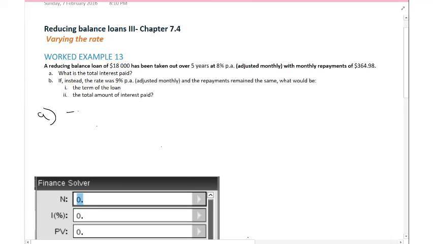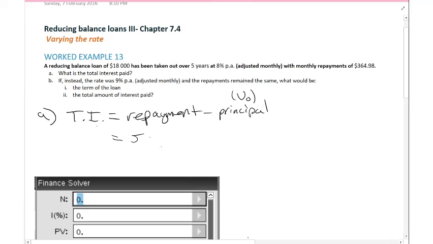The total interest, so TI, equals how much you've repaid minus your principal, which remember is V0. All right. So repayment here is 5 years times 12.